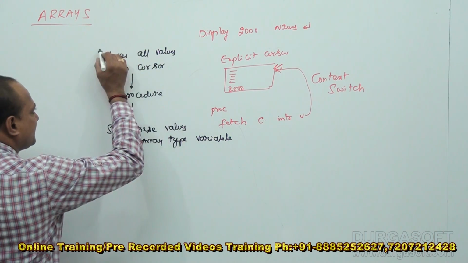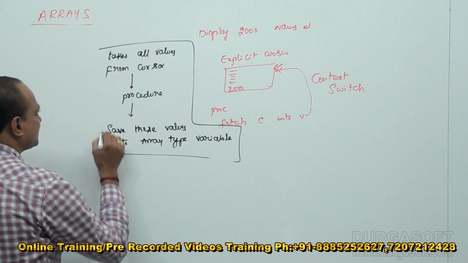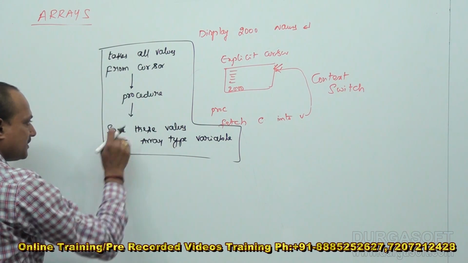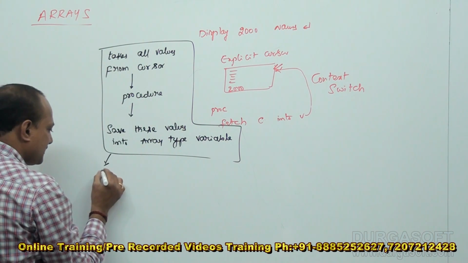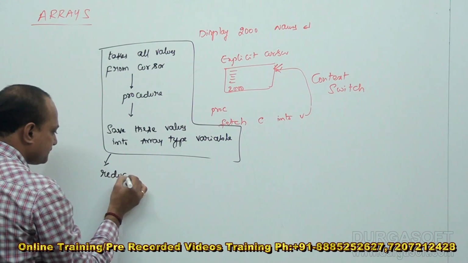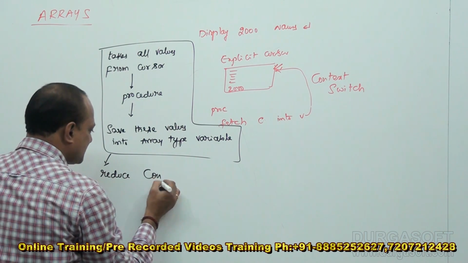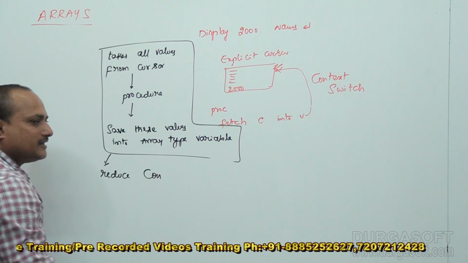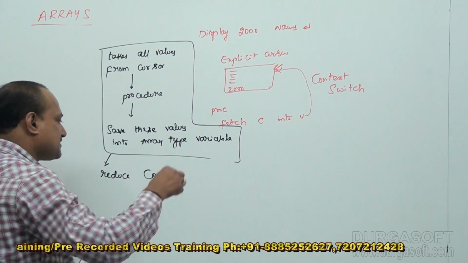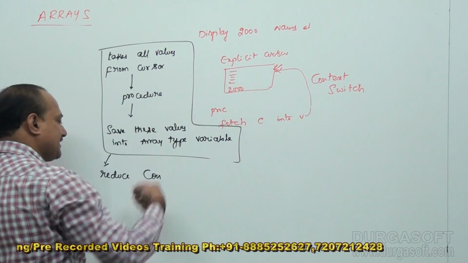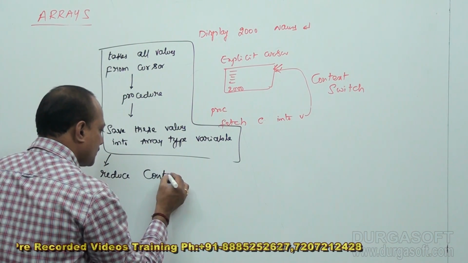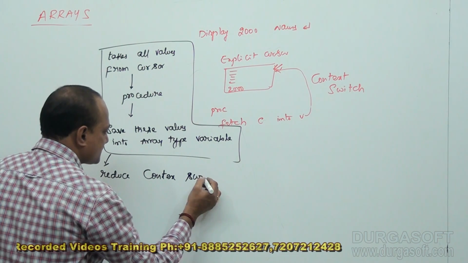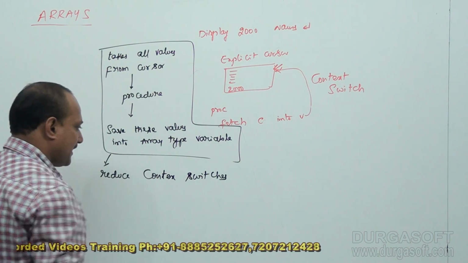So what is the advantage of doing this? This process reduces context switches. Complete elimination is not possible; at least one time the control has to go to the cursor area. Reducing context switches is the advantage.